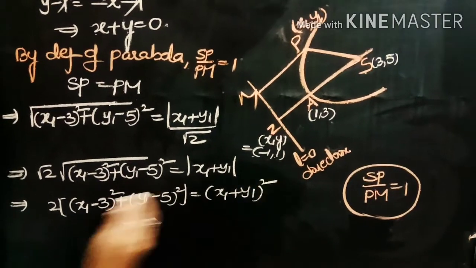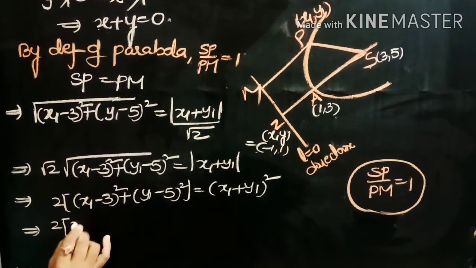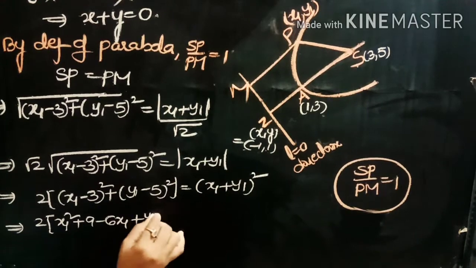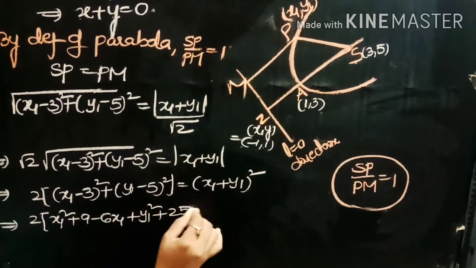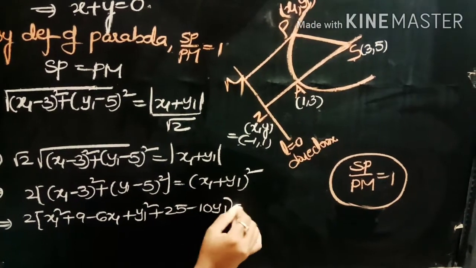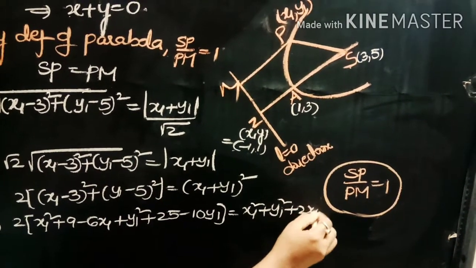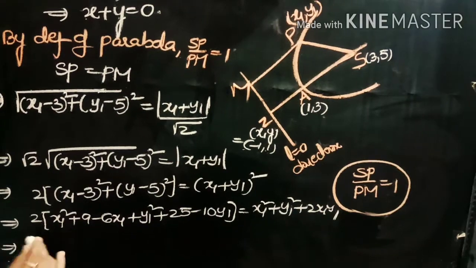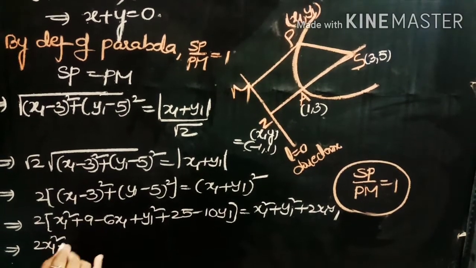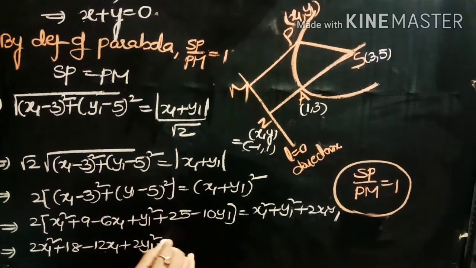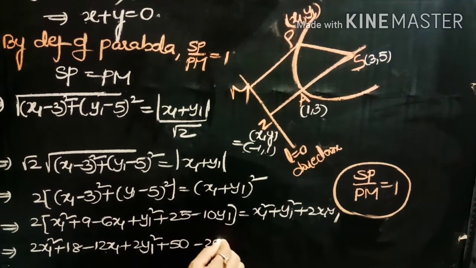Now taking the expansions here, this is 2 into (x1 square plus 9 minus 6x1 plus y1 square plus 25 minus 10y1) is equal to x1 square plus y1 square plus 2x1y1. Now multiplying all these values by 2, we get 2x1 square plus 18 minus 12x1 plus 2y1 square plus 50 minus 20y1.